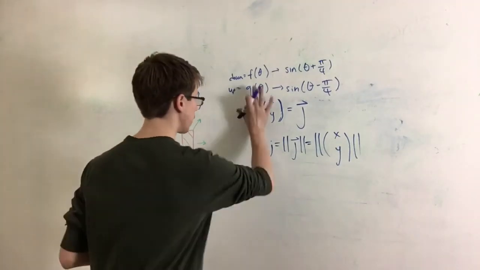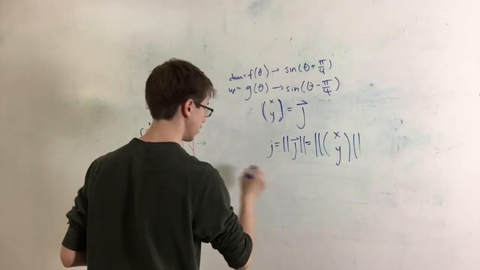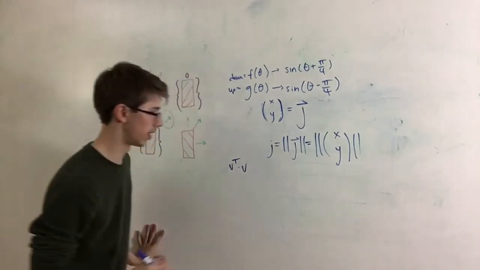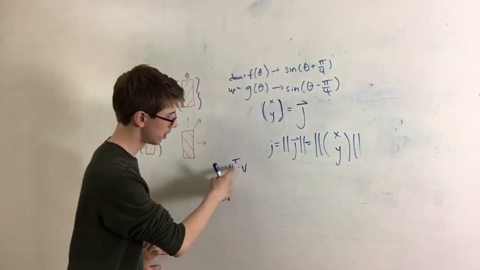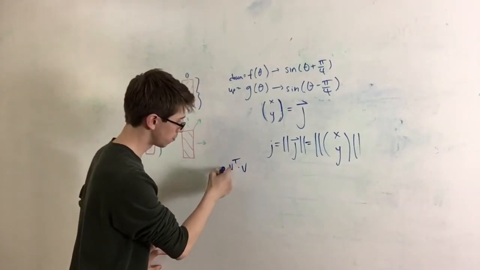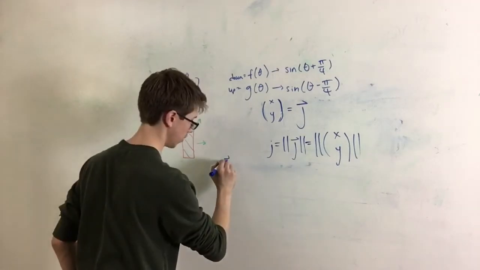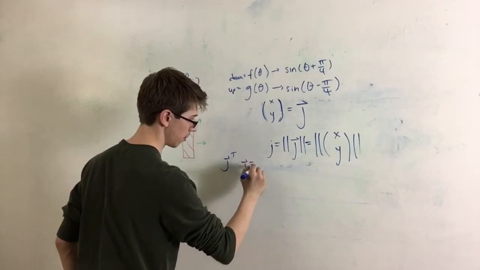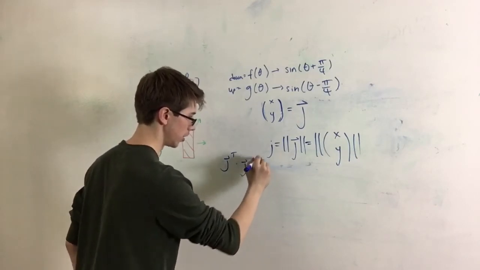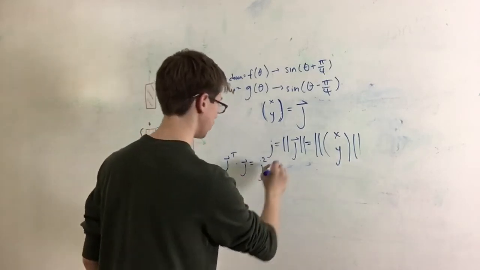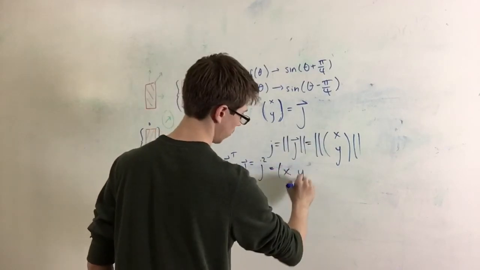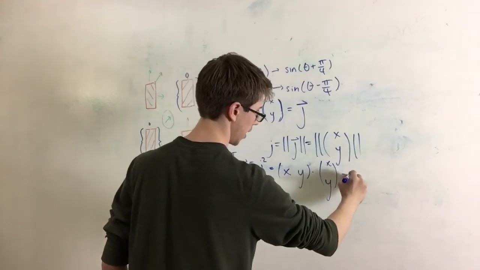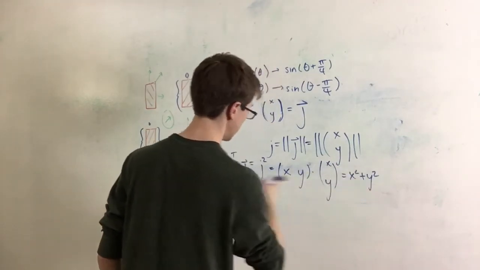The dot product of the vector with itself is you just take the vector v, take the transpose of that, and multiply it by v. So we have the transpose of j vec times j vec, and that will give us the dot product, which is j squared. This would be equal to x, y times x, y, which is x squared plus y squared, equal to j squared.